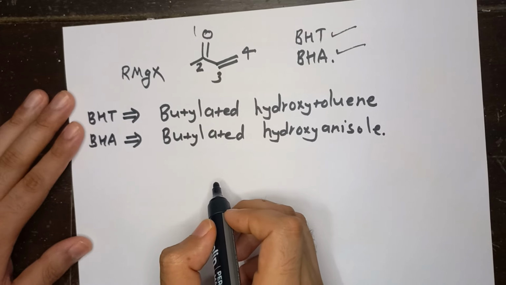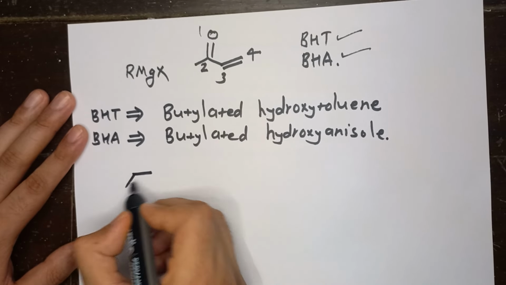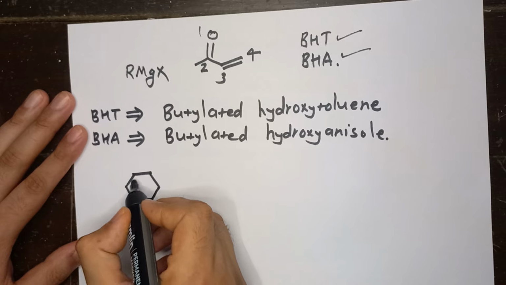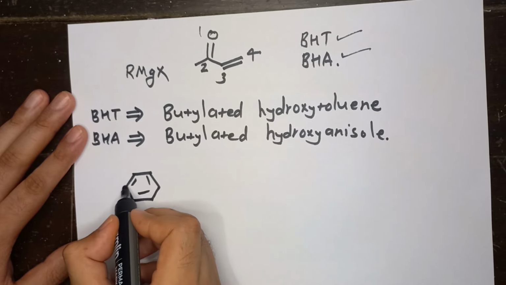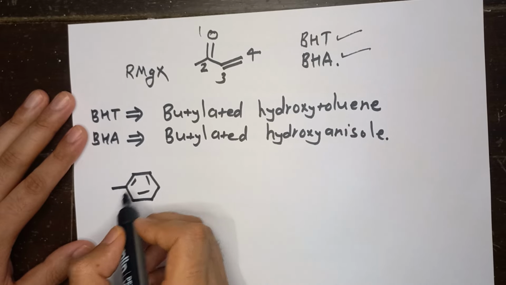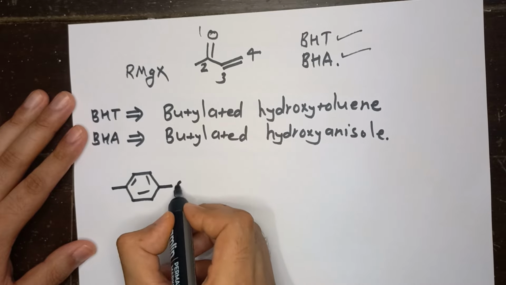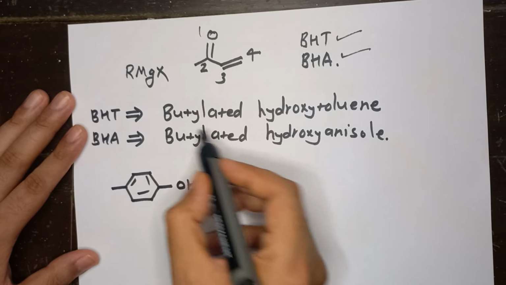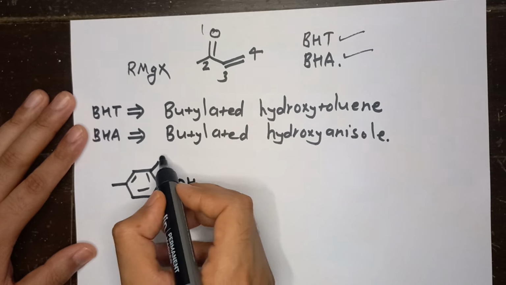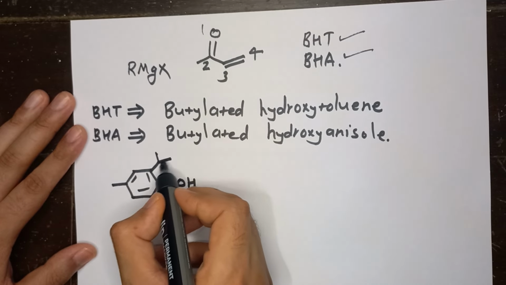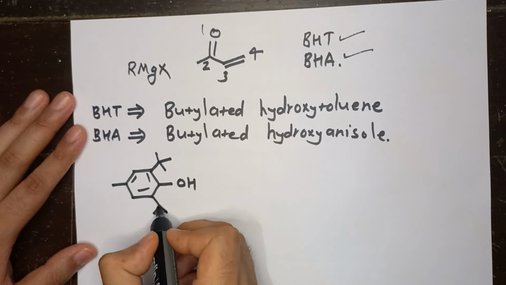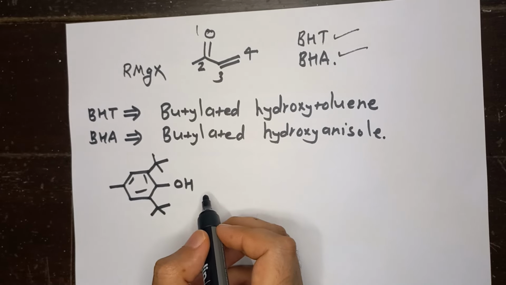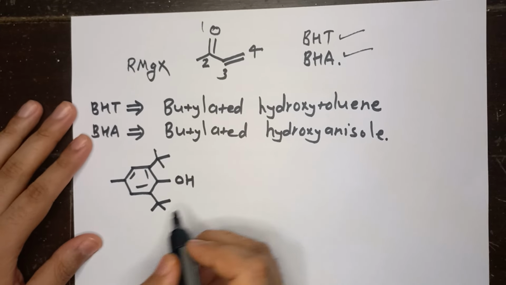So what is the structure of BHT? So we have a toluene, as name suggests. Okay, I have a toluene, and we have a hydroxy group at 4th position, and we have a butylated version of it. So this part is butylated and this part is butylated. So this is the structure of BHT.